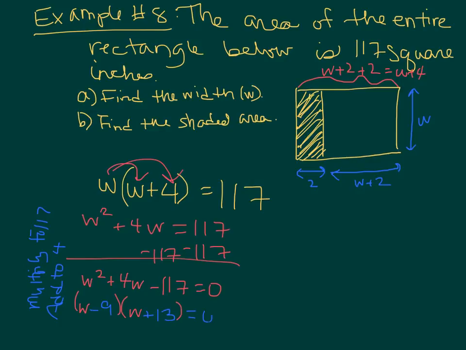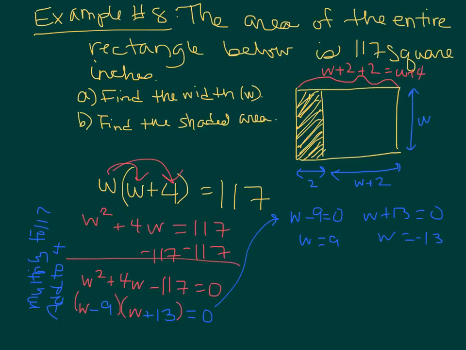So I end up getting W minus 9 times W plus 13 equals 0. In order to solve that, I'm going to set W minus 9 equal to 0, and I'm going to set W plus 13 equal to 0. My two answers there are W equals 9 and W equals negative 13.